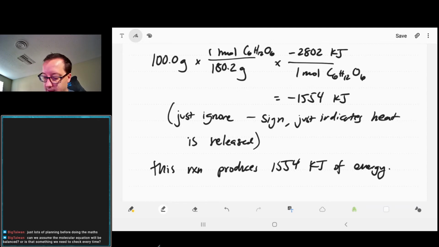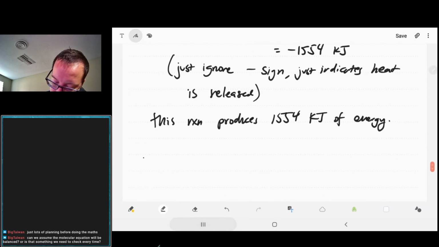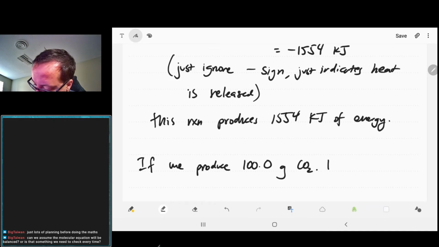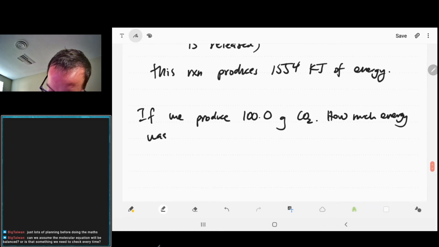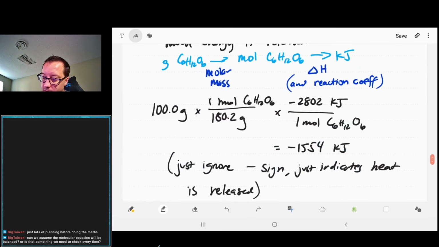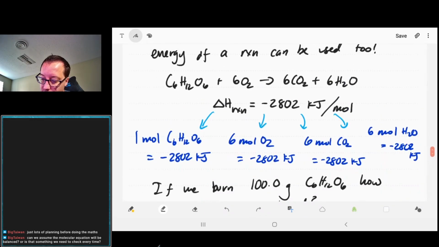All right, or we could say if we produce 100 grams of CO2, how much energy was released? We could do that too. We can just use any of these parts of this reaction.